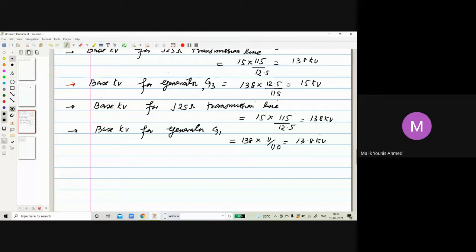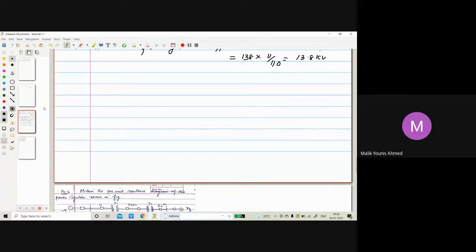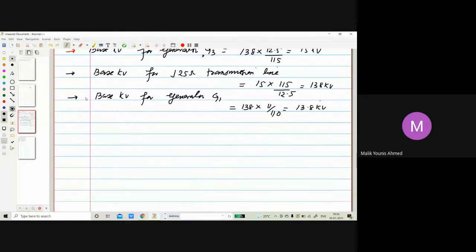Okay, next, now we will convert them to the common base. Next, we have to draw the impedance diagram, and for that impedance diagram, we need to convert them on the common system base. So we have got base kVs everywhere.